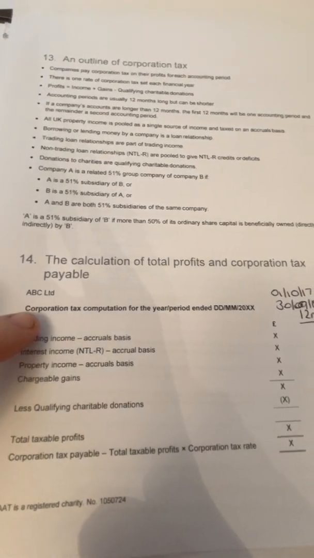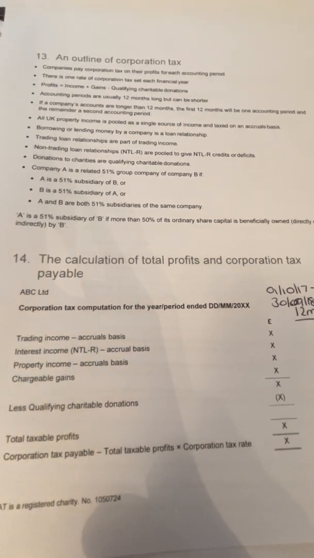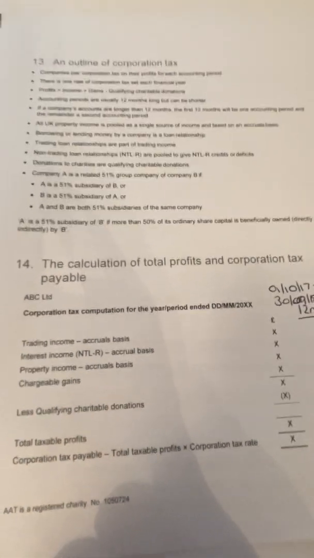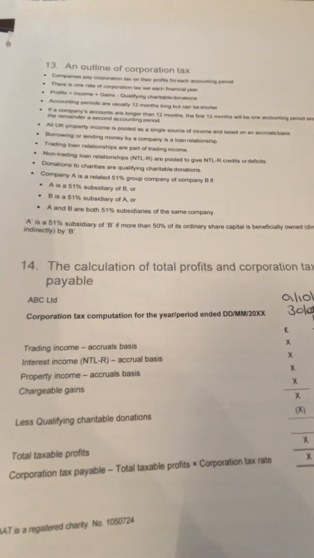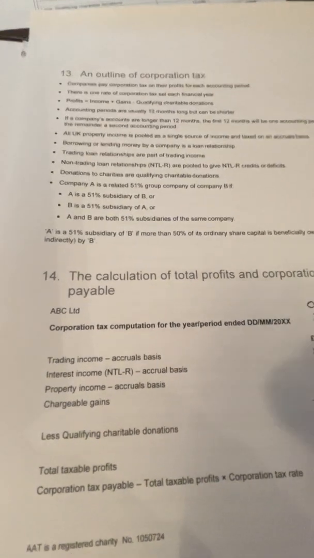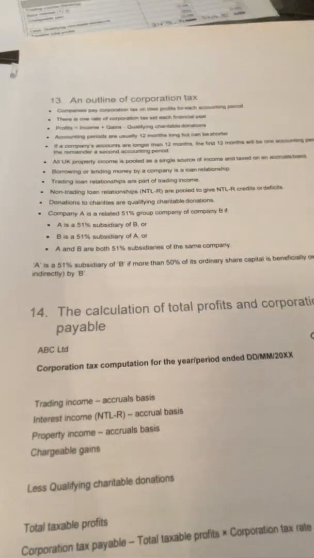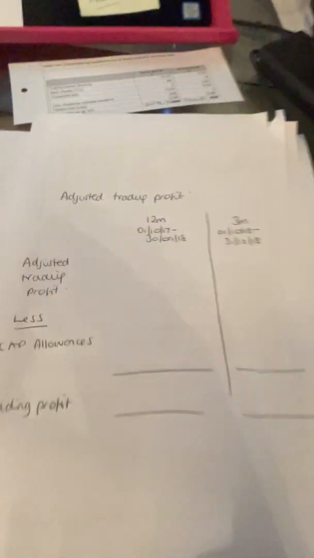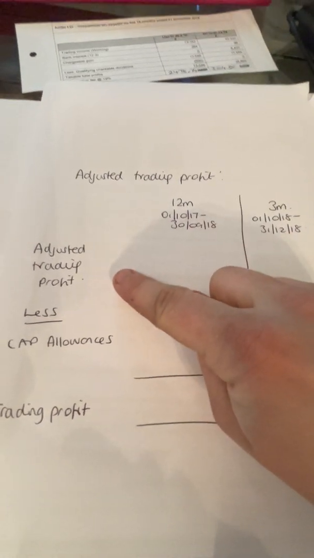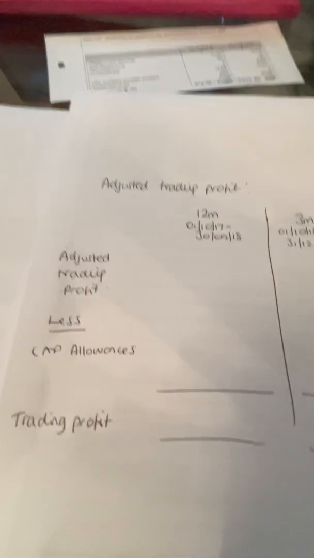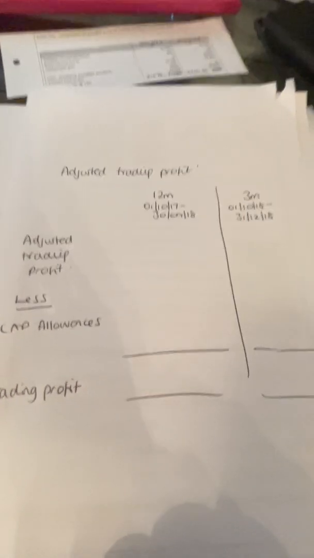So I'm going to look at each line independently and therefore get my answer. So the first line that I need is trading income. So to get trading income, I need to work out my adjusted trading profits and then I need to take away my capital allowances.